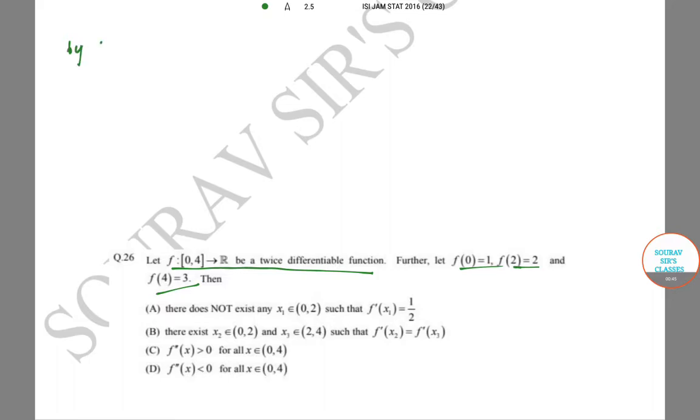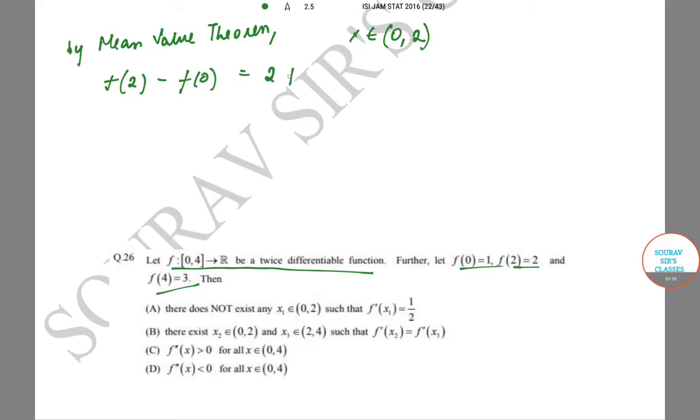Now, by mean value theorem, I am applying mean value theorem to the points 0 comma 2. Applying this to the points 0 comma 2, we have f(2) minus f(0) equal to 2 f'(x1) for some x1 belongs to (0, 2).